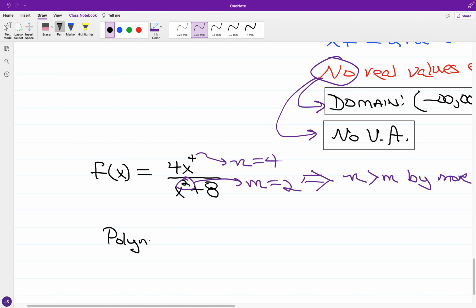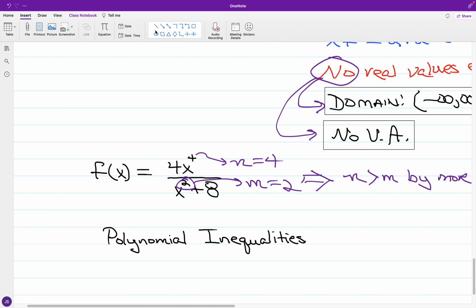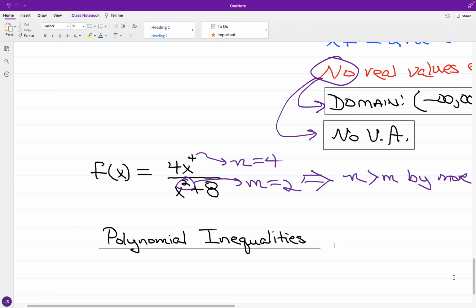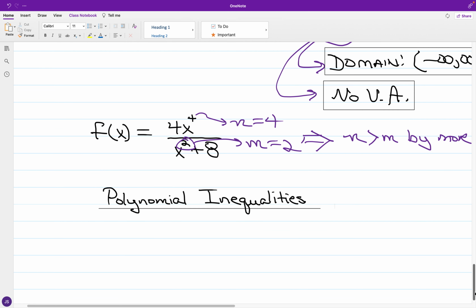So for this item, in the case of polynomial inequalities, again, inequalities are your statements like less than, greater than, less than or equal to, as well as greater than or equal to.